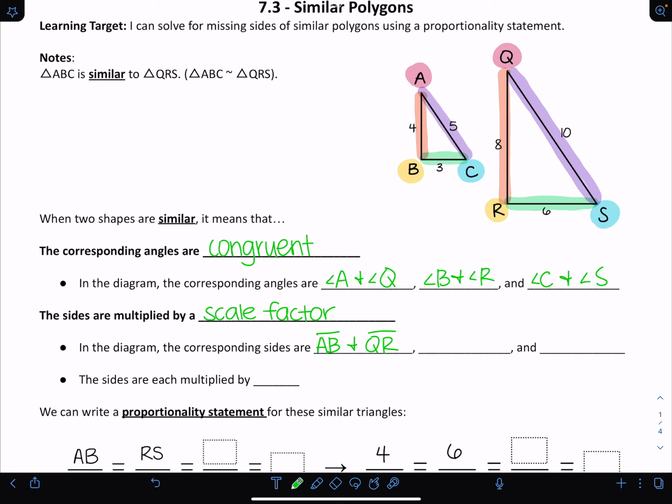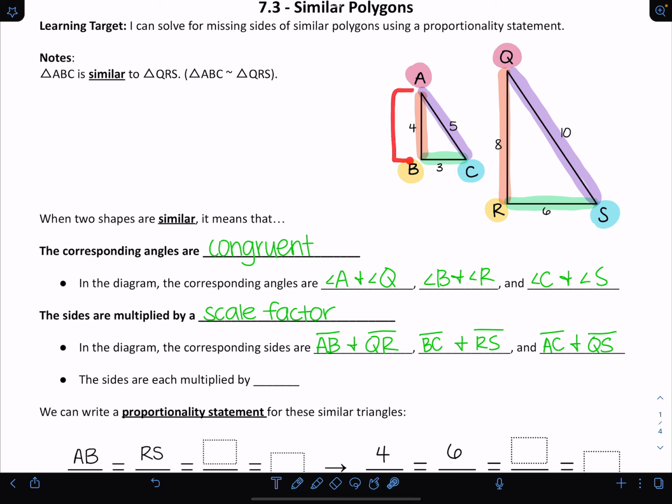The bottom green one there, that's side BC and side RS. And the last one, side AC and QS.